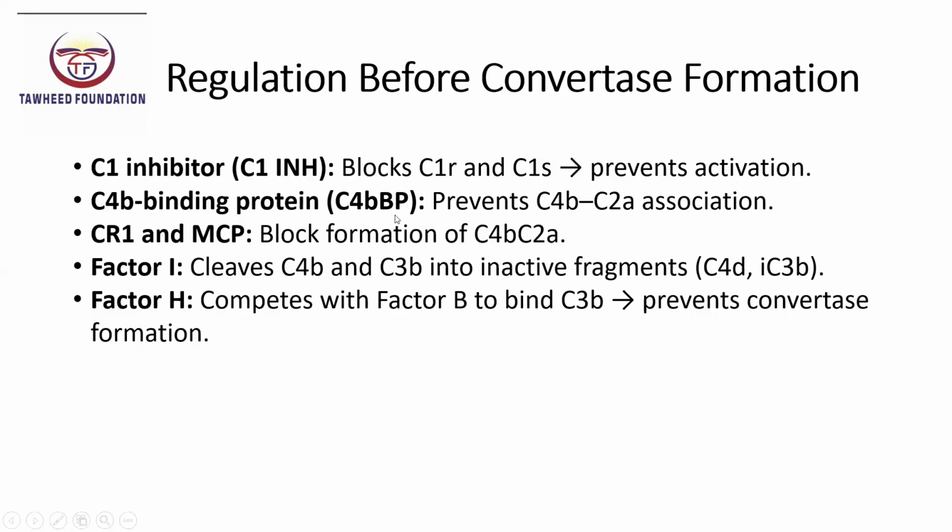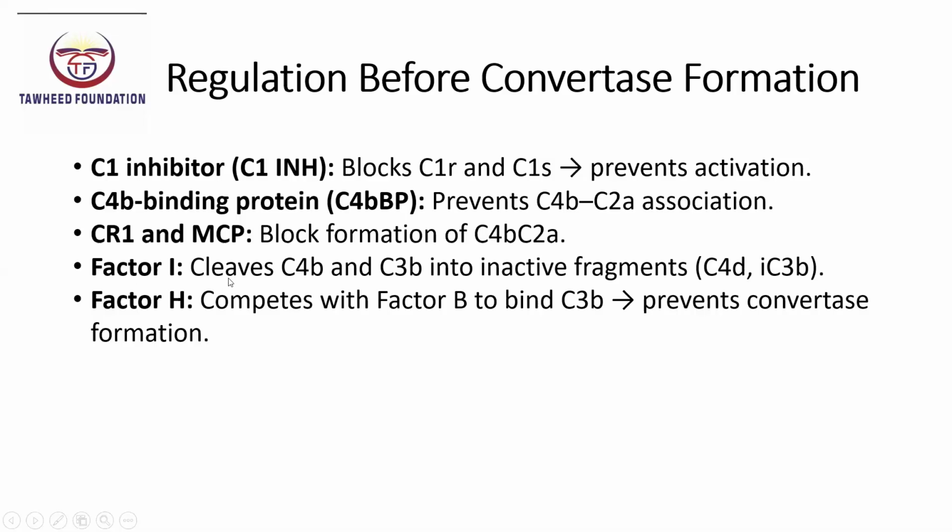C4b-BP binds C4b and prevents its association with C2a, thereby blocking C3 convertase formation. CR1, complement receptor 1, and MCP, membrane cofactor protein, act on cell surfaces to prevent formation of the C4b2a complex.